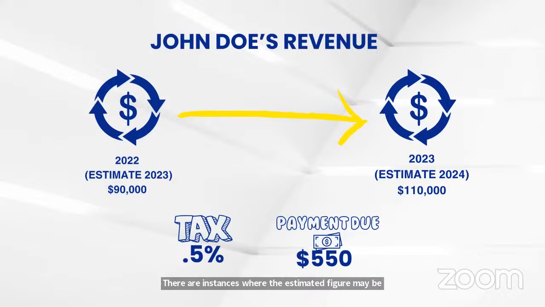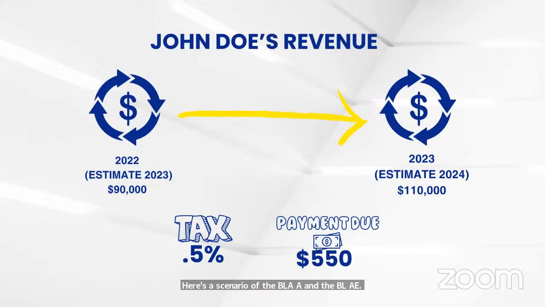Here's a scenario of the BLAA and the BLAE. John Doe's revenue for 2023 is $110,000, and his revenue in 2022 was $90,000. Here's a scenario when renewing his license in 2023, he would have stated $90,000 as his estimated turnover, as this was the amount that his business made in 2022.